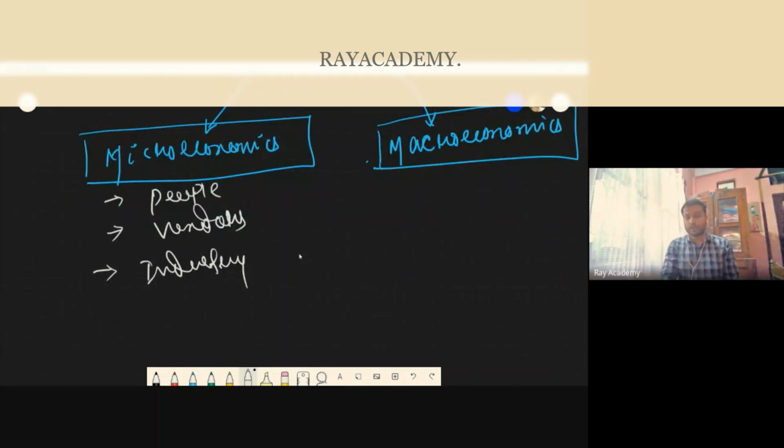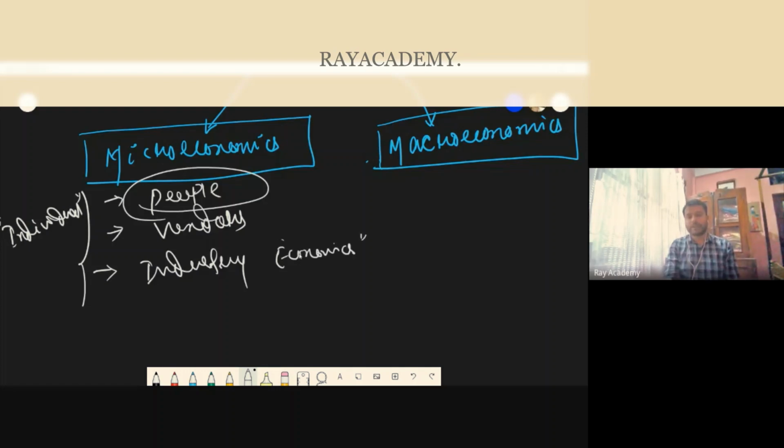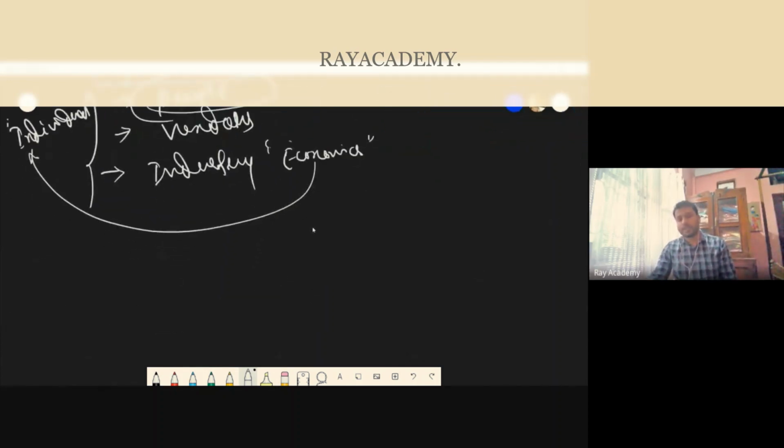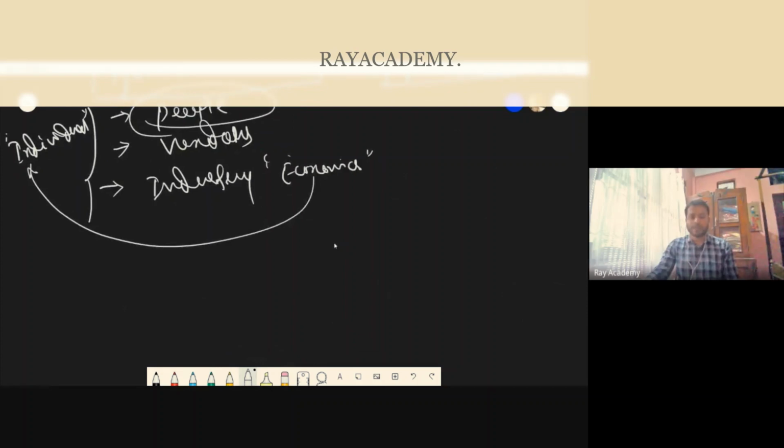When you talk about microeconomics, you talk about these things within quotes as individual. So when you study microeconomics, you get to know the economic aspects or economic fundamentals at the individual level. What do you mean by economic fundamentals? How people are doing.